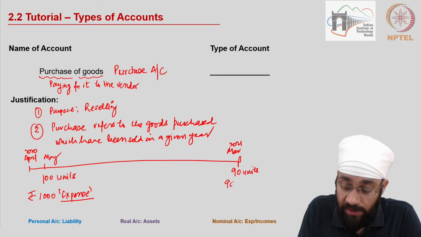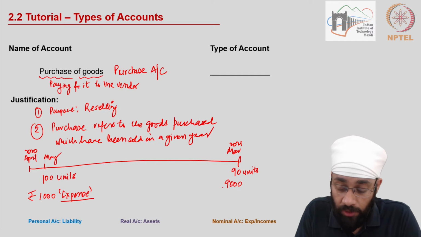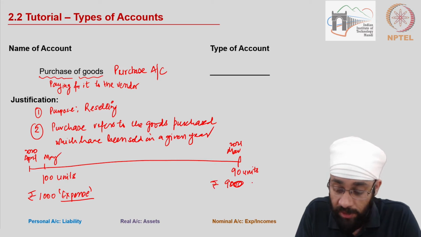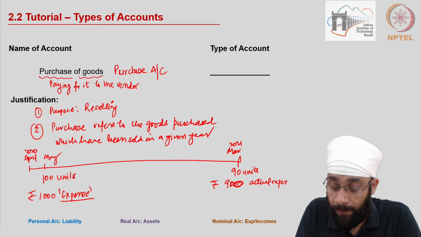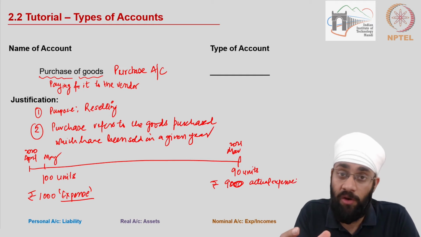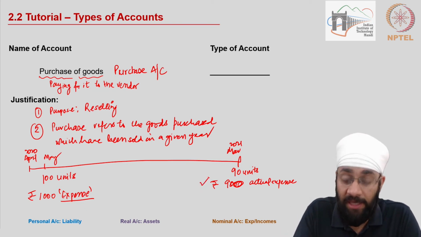In this case, I'm assuming no profit, no loss, for example. So if 10 rupees is the cost, 900 is the actual expense during this year. So at the end of the year, when you are preparing your financial statements, you are going to show only 900 as the expense.